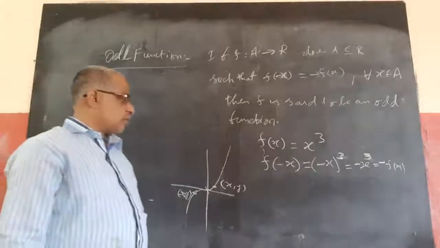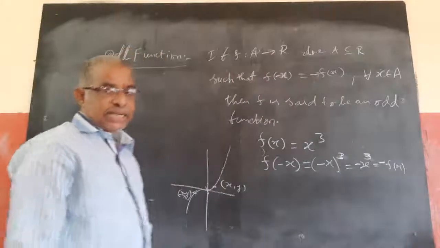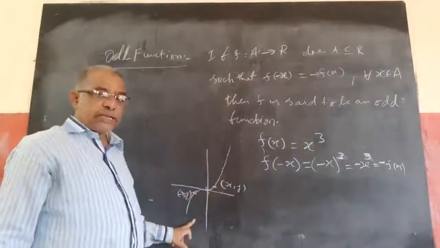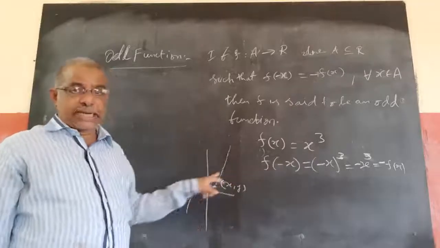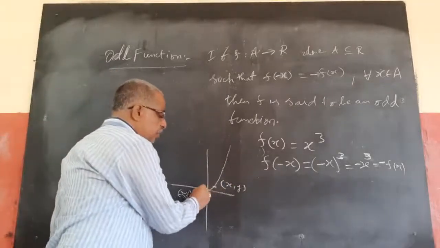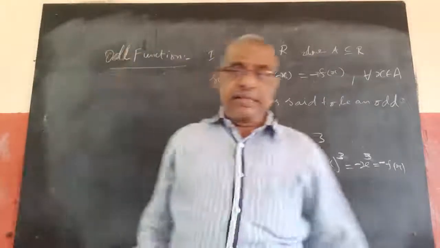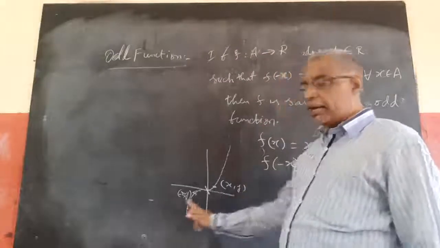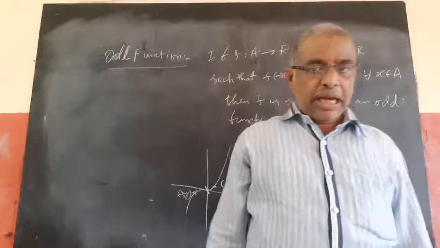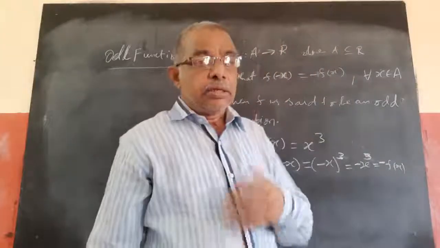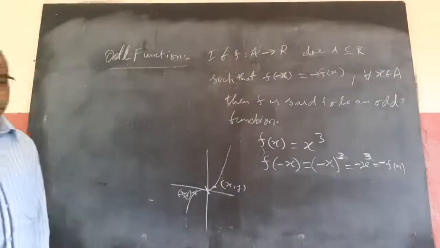So an odd function is always symmetric in the opposite quadrants, which means symmetric about the origin.